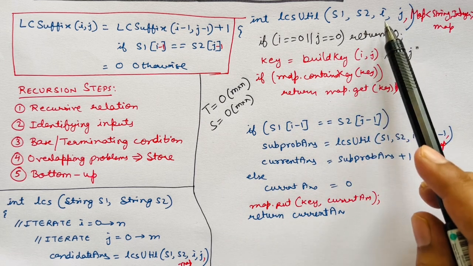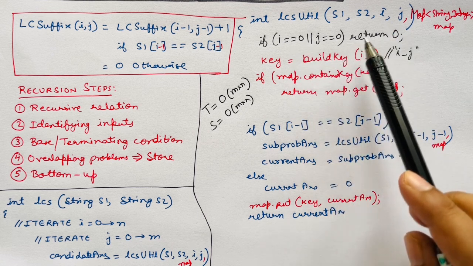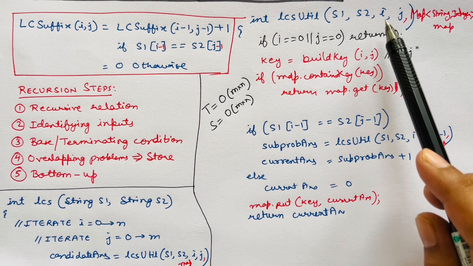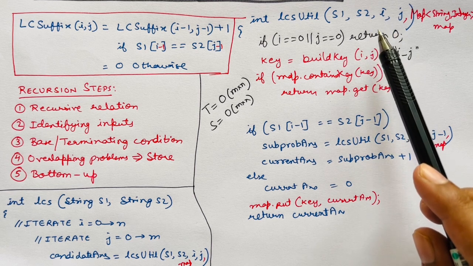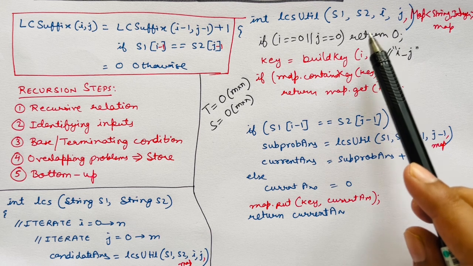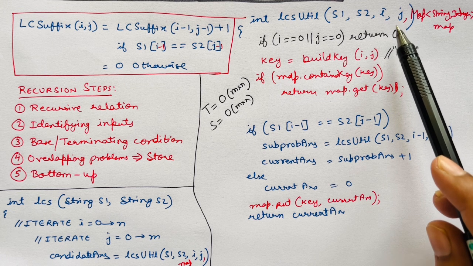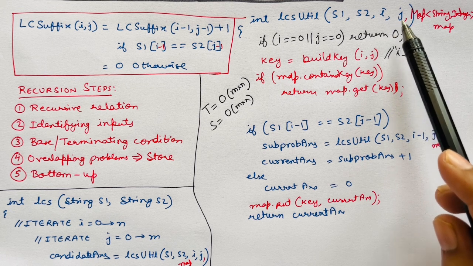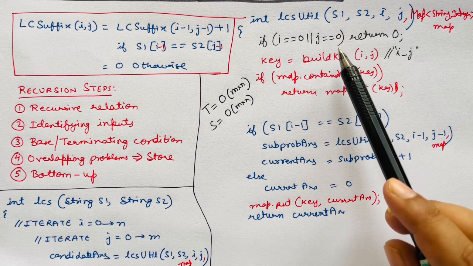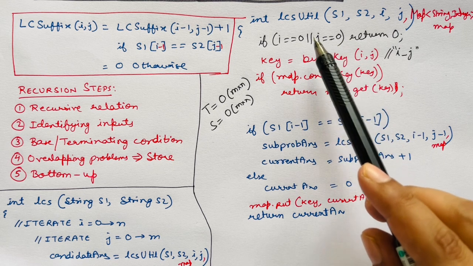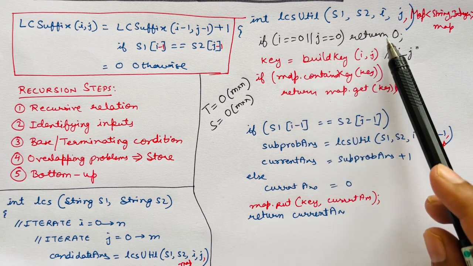Now, smallest input meant i is equal to 0 or j is equal to 0. i equal to 0 means that we are considering the first 0 characters of S1, which means the first string is empty, and j equal to 0 means the second string is empty. If either of the two strings is empty, then the length of the longest common suffix will be 0. So we added this base condition.